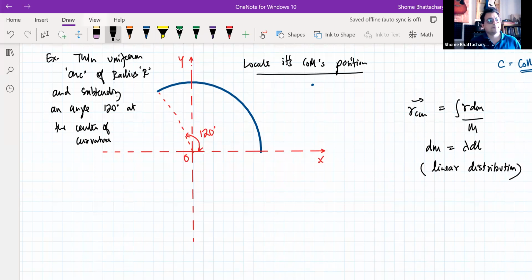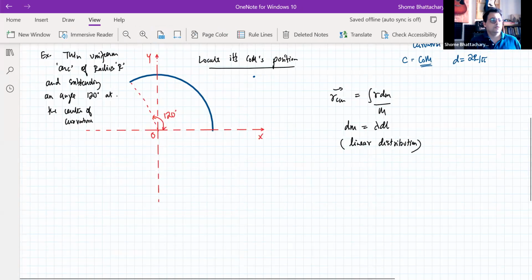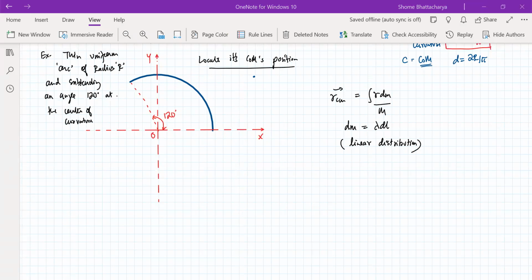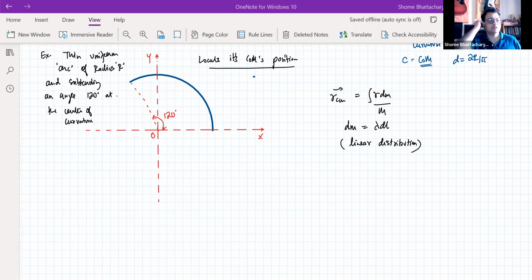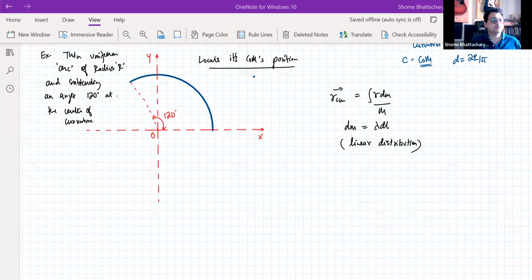Now, can anybody tell me if there's any axis of symmetry? The angular bisector, the 60-degree angle. So the center of mass will lie on that axis of symmetry.